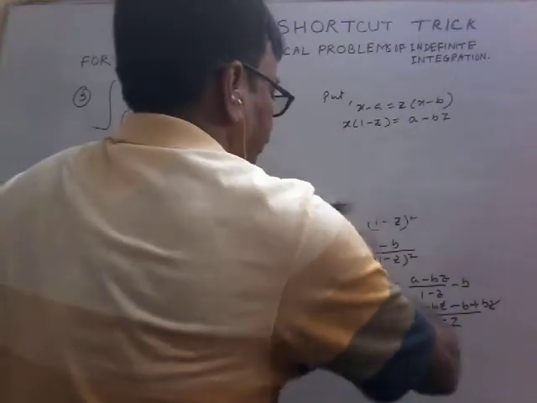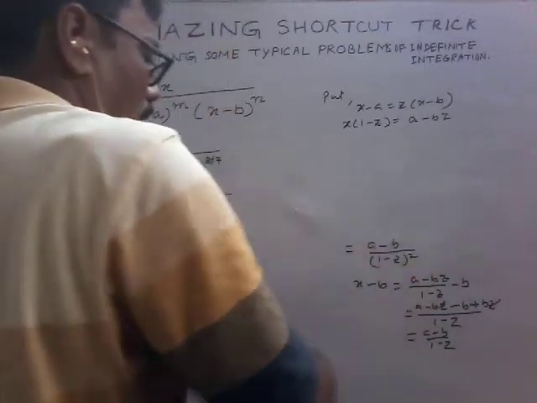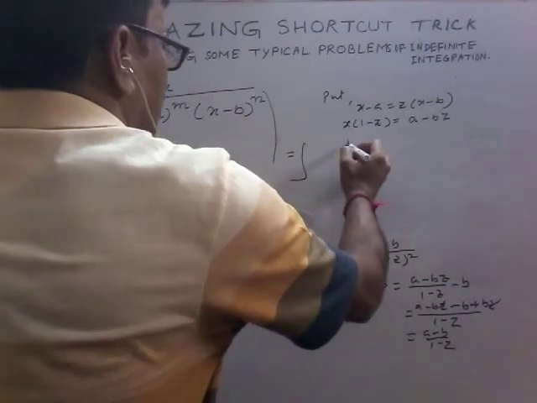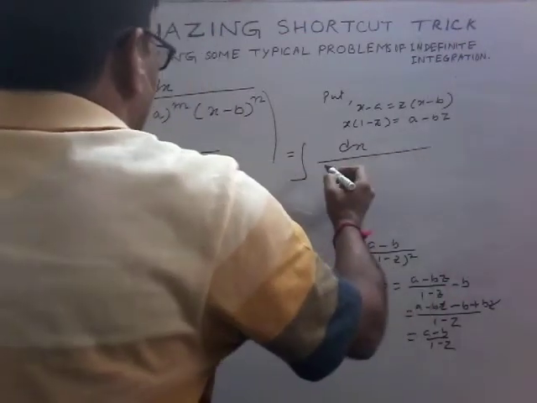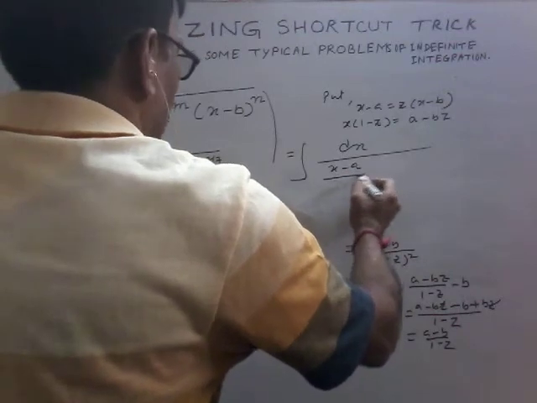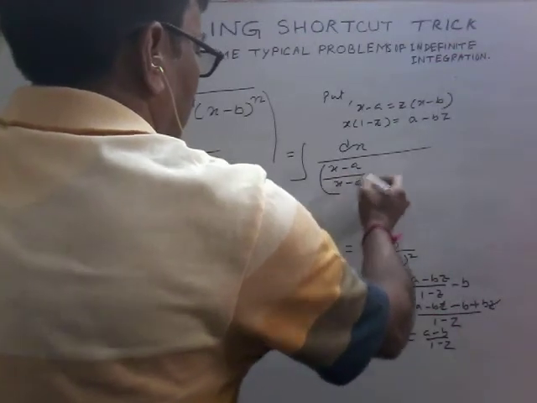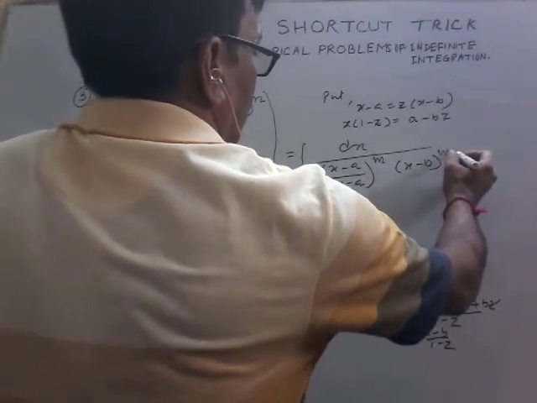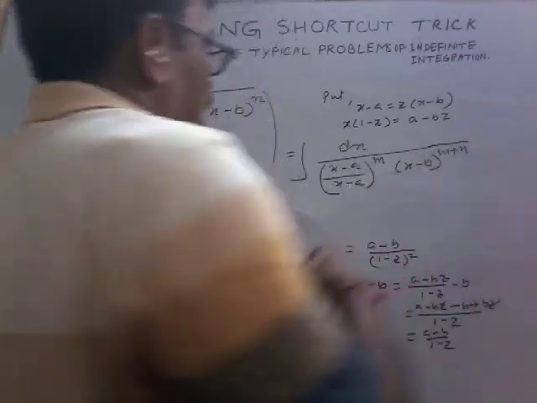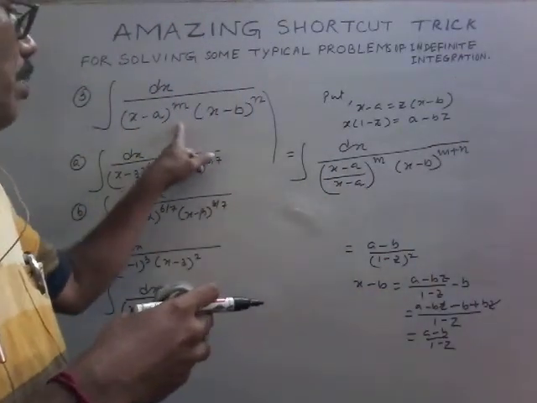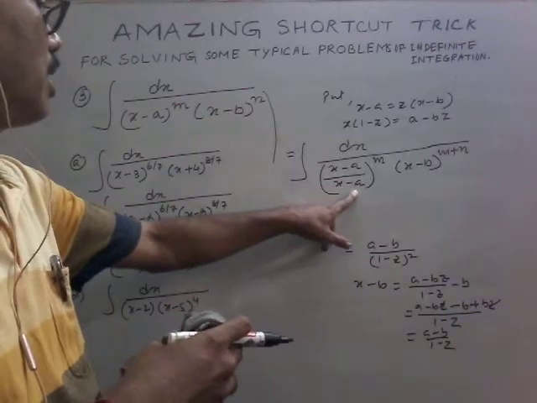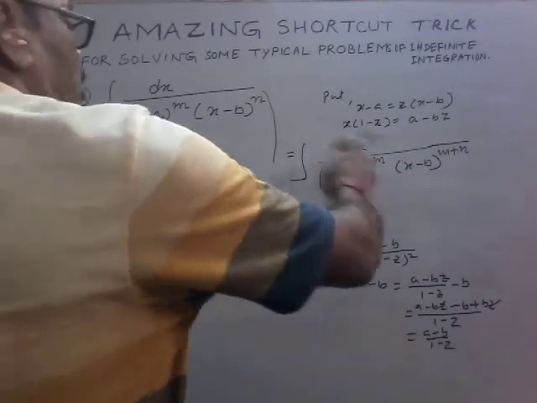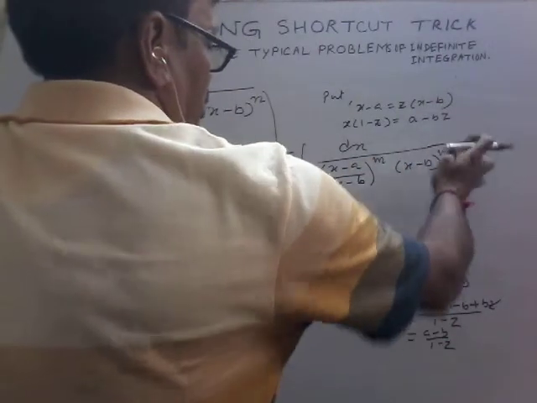Look, after this step we can write it as dx by (x minus a) whole to the power m into (x minus b) whole to the power m plus n. It is (x minus a) whole to the power m, and (x minus b) extra, so it is balanced by this.